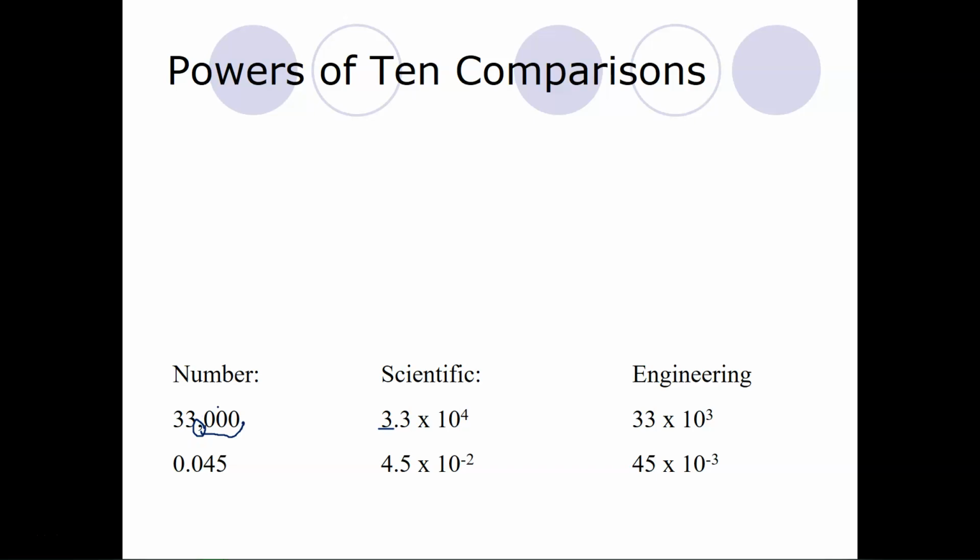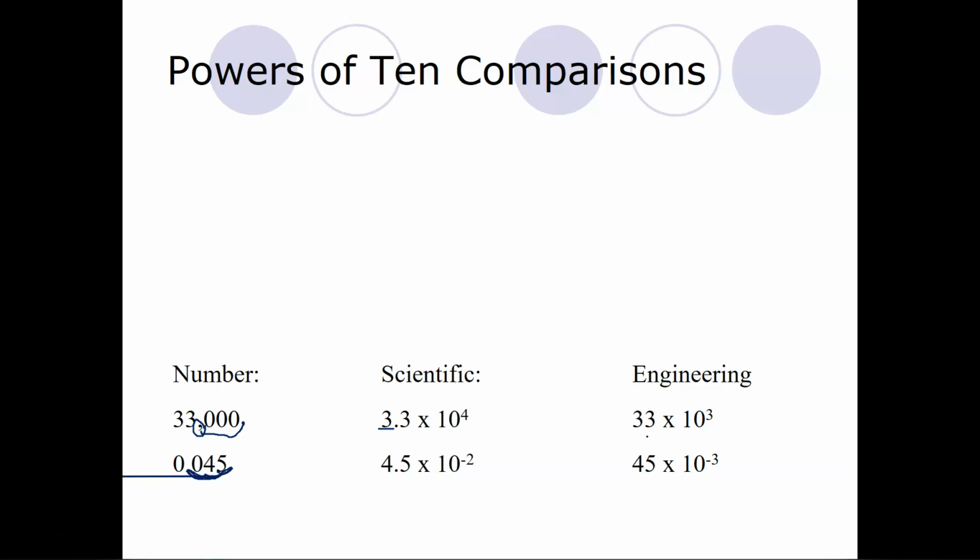So for scientific notation, when we came to 0.045, we ended up moving our decimal place 2 places to get 4.5 times 10 to the negative 2. However, with engineering notation, you're moving it by places of 3.